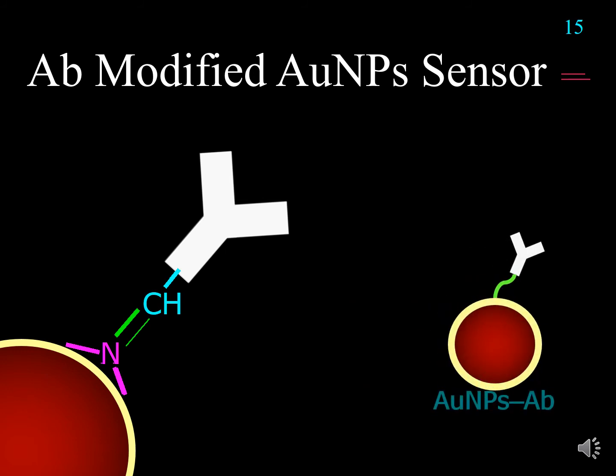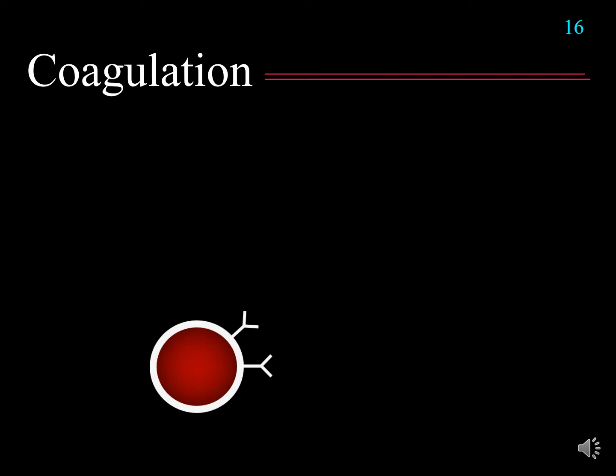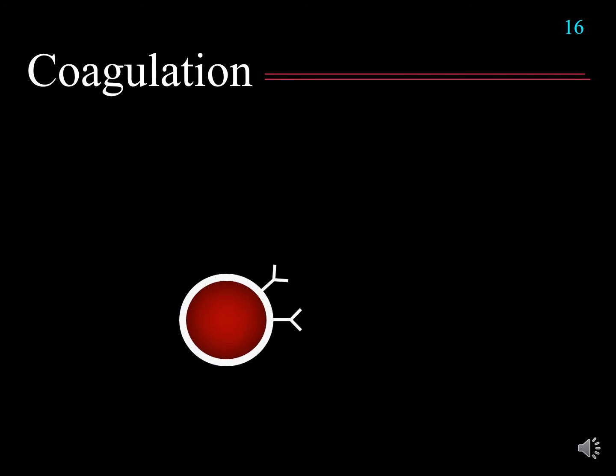So if our IgG has aldehyde functionalities, then we can have the attachment of IgG onto our gold nanoparticles. So at the end, we can modify the surface of the gold nanoparticle with the antibody. These antibody-rich gold nanoparticles, we can use as a sensor to detect antigen.